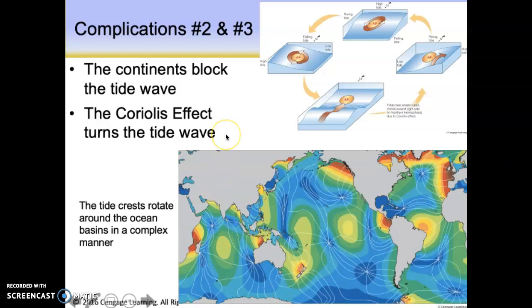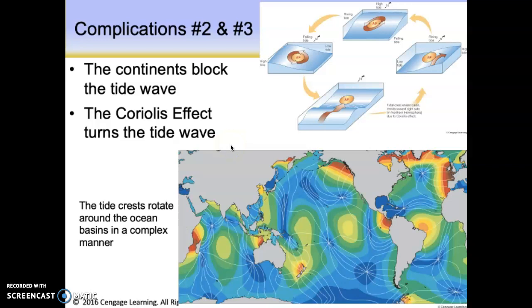In addition, you recall the Coriolis effect that we've discussed with respect to currents and with respect to how the wind blows. The Coriolis effect also turns the tide wave. So when we put the continents together with the Coriolis effect, the tide crest actually rotates around the ocean basins in a very complicated manner.